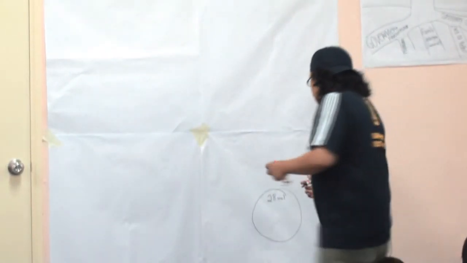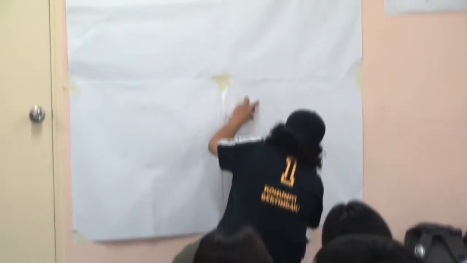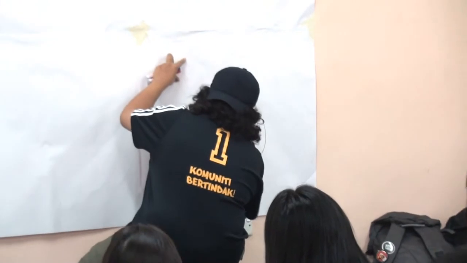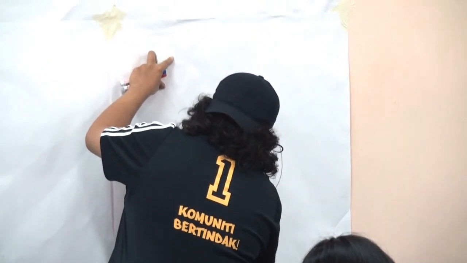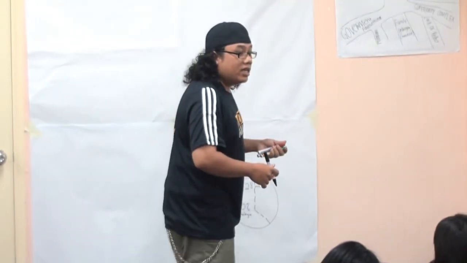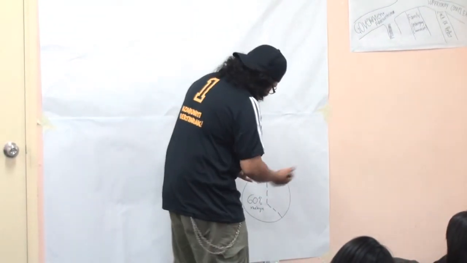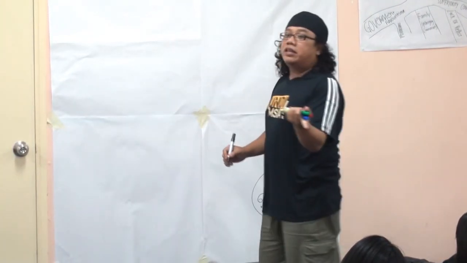Okay, 60. So you have 60% Melayu. What's the next biggest ethnic group? Chinese. How many percent? 20. 30. Can we use the figure 30? Is that okay?